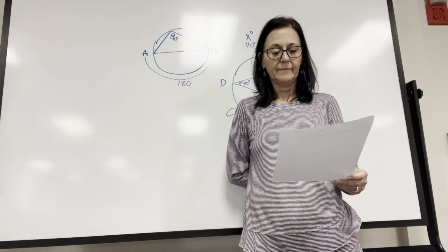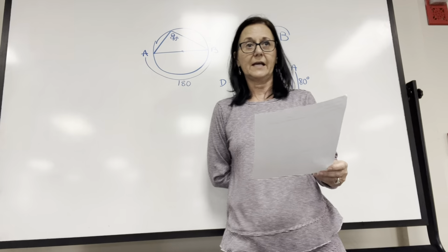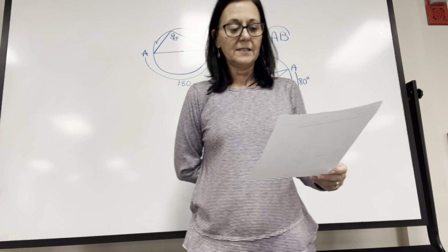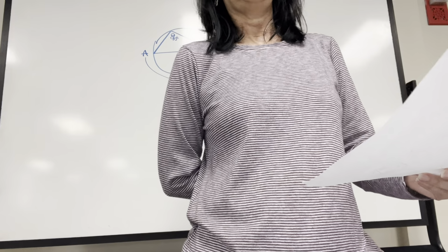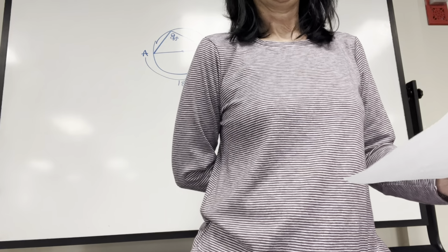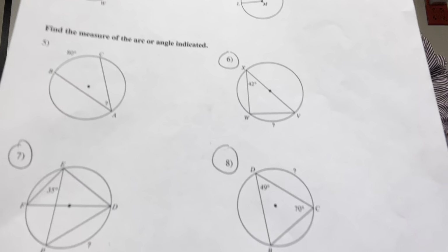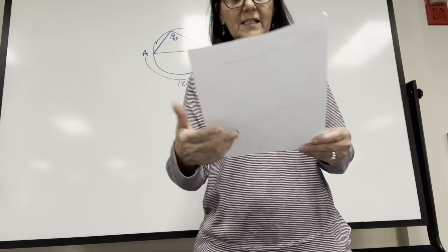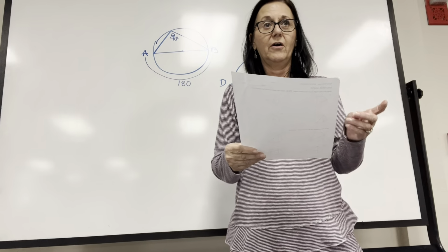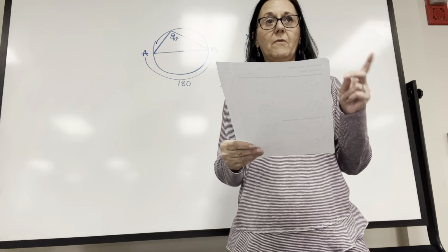Okay. Chris, number 6. I want you to look at angle XWV. You see angle XWV? Yes. What's the measure of XWV? I was thinking 90. You were thinking right. 90 degrees. Now, what's the measure of the question mark arc?